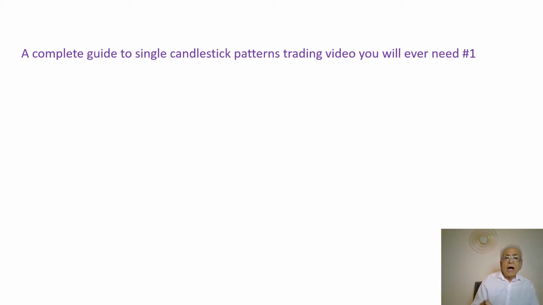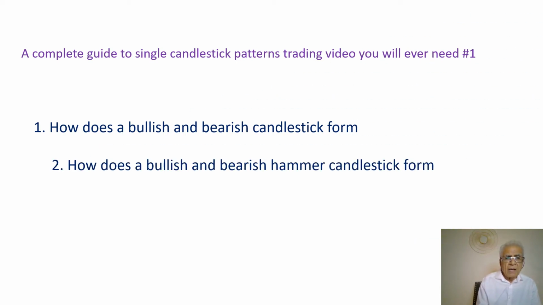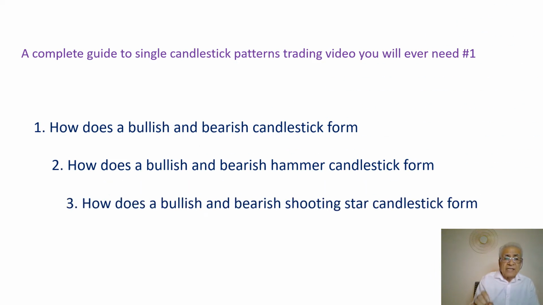But before I show you how you trade with these candlestick patterns, I am going to share with you schematically how a bullish and bearish candlestick form, how a bearish and bullish hammer candlestick form, and finally, how a bullish and bearish shooting star candlestick form.